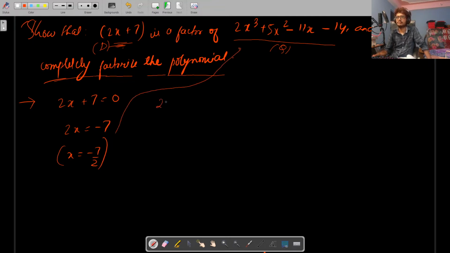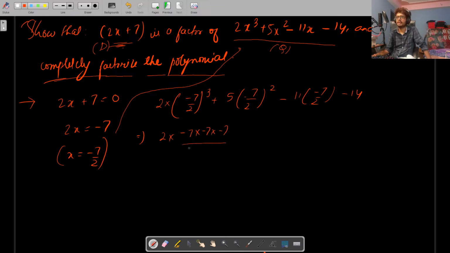So what you do is 2 into x³ is (-7/2)³ plus 5 into x² is (-7/2) whole square minus 11 into (-7/2) minus 14. So this will be simplified as 2 into -7 into -7 into -7 divided by 2 into 2 into 2, plus 5 into 49 by 4, minus 11 into minus will be plus 11 into 7 by 2 minus 14.